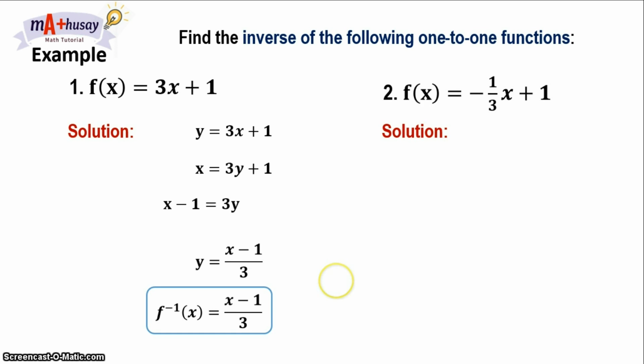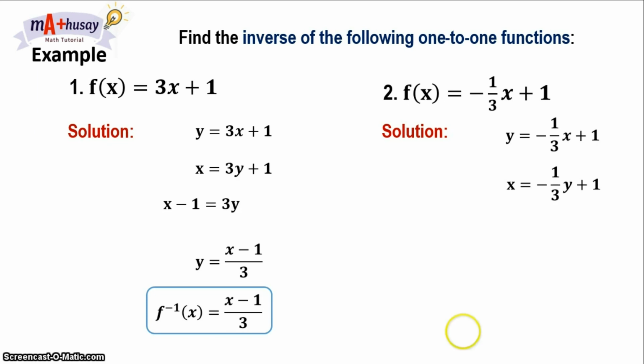So, we have y is equal to negative 1/3 x plus 1. So, from here, ang gagawin natin ay i-interchange na natin ang ating x and y. So, we have x is equal to negative 1/3 y plus 1.